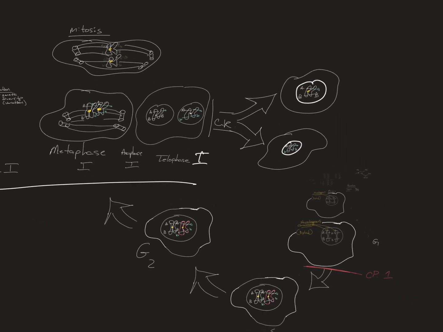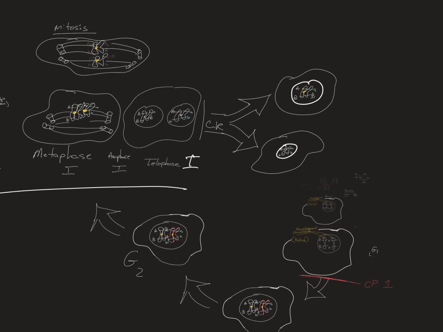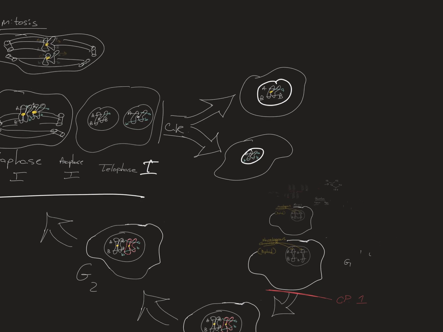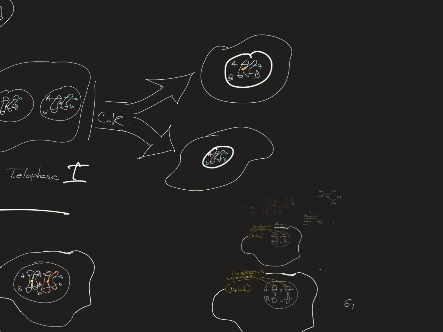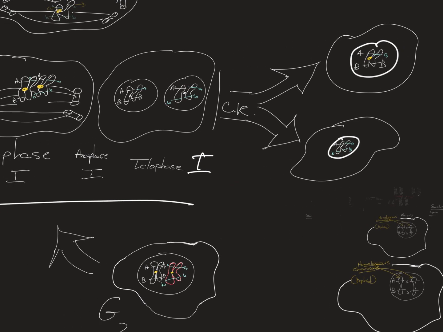You still have technically the same double. So here's the wording, because Chardon said it correctly. It's all about wording. If they ask you at the end of meiosis 1, is it true that you have two copies of two chromosomes in this diploid organism?